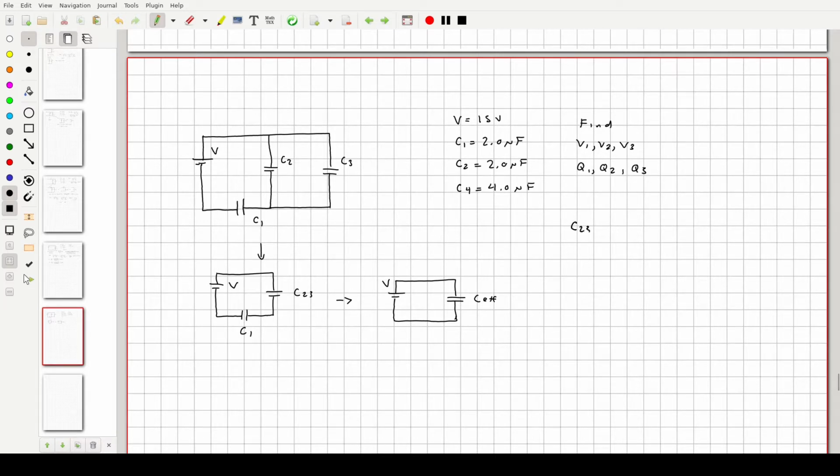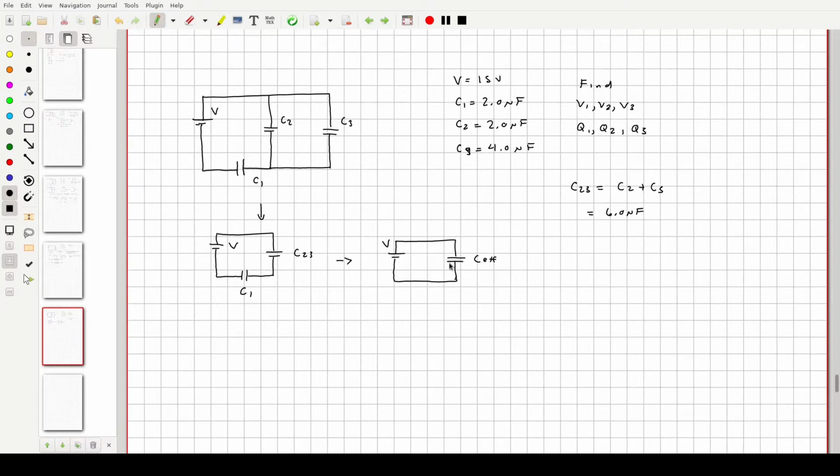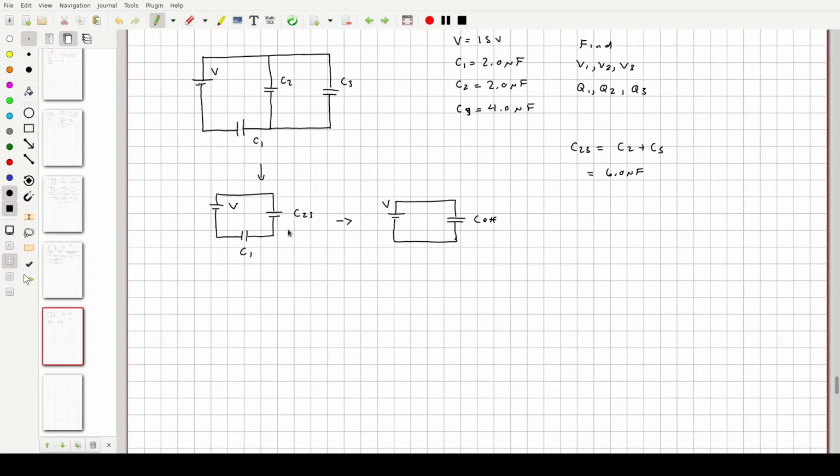So C23 here is going to equal C2 plus C3. C2 is 2, C3 is 4. 4 plus 2 is 6. All right, so that's easy enough. The next step is to take and add C23 and C1 together. Those add together in series, which means that it's an inverse thing.